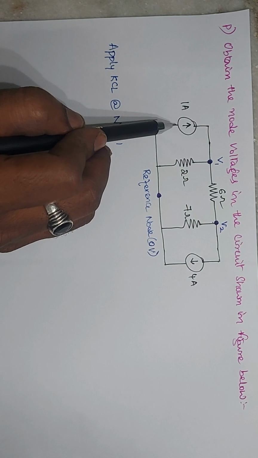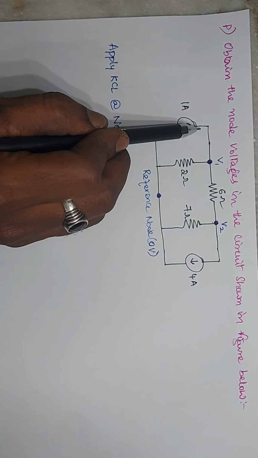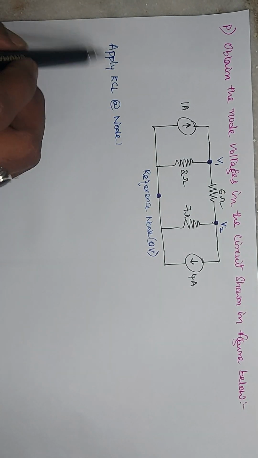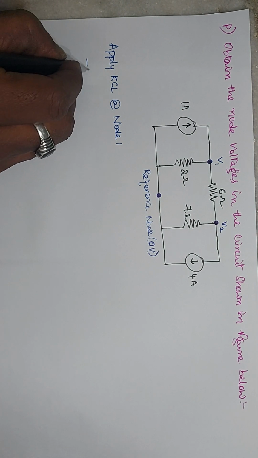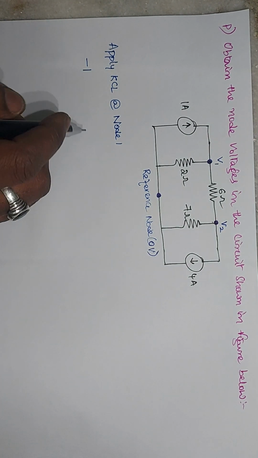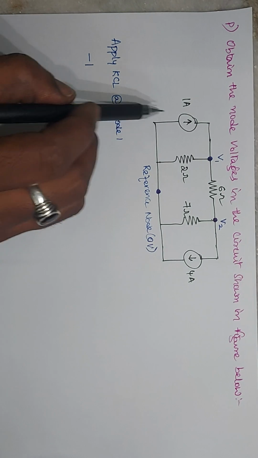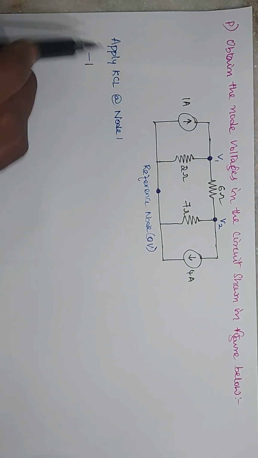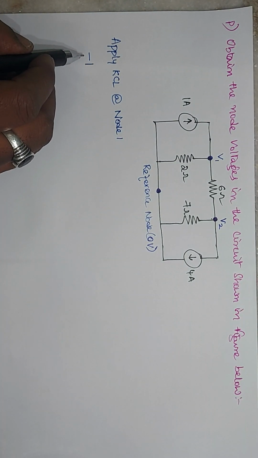Here the current 1 ampere is entering the node, so I will consider this as minus 1. Understood? So 1 ampere is entering the node, so I consider it a negative polarity.